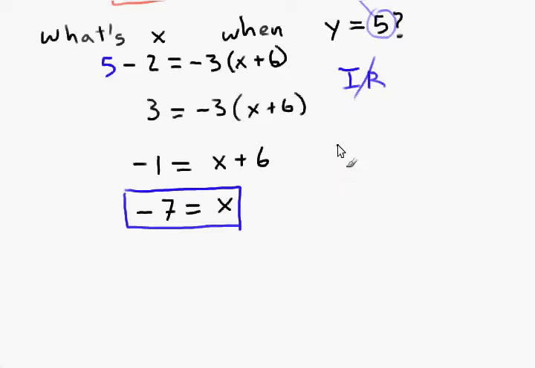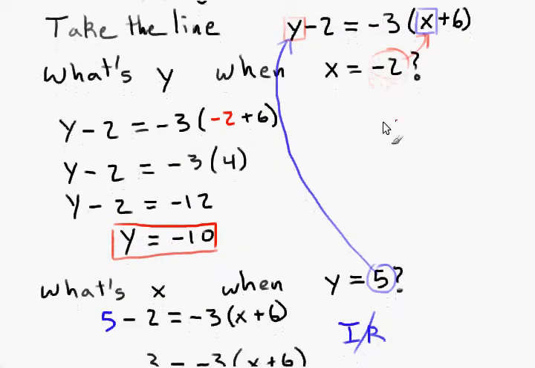Alright. This means that the point negative 7, 5 is on the line. Likewise, this means that the point negative 2, negative 10 is on this line. So, let's think about that.